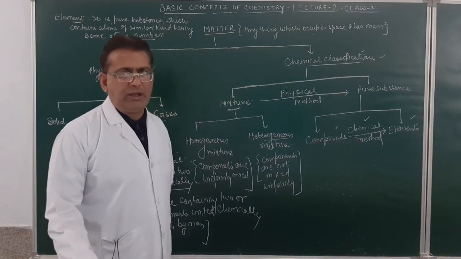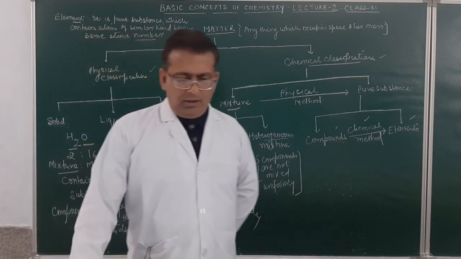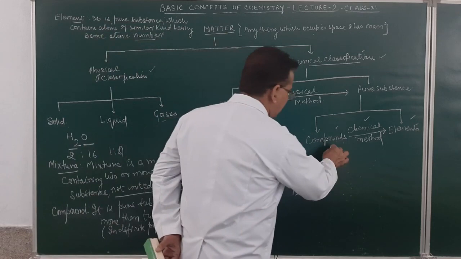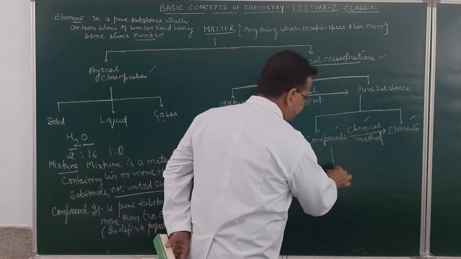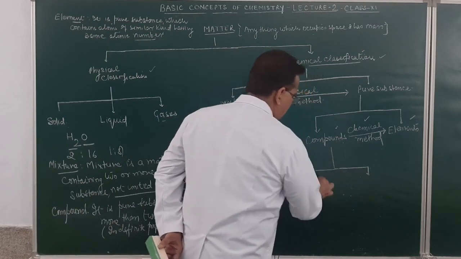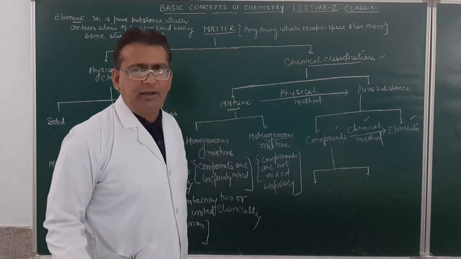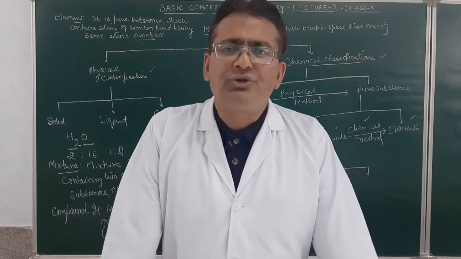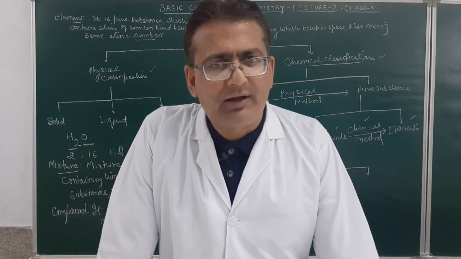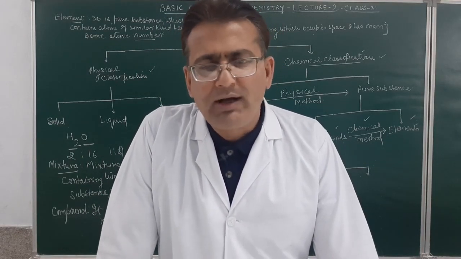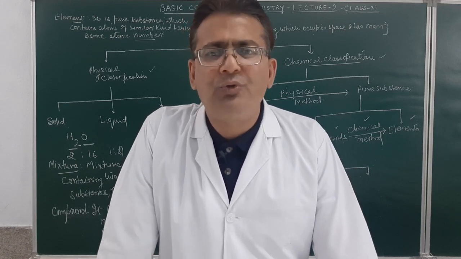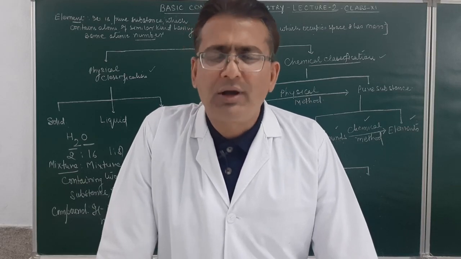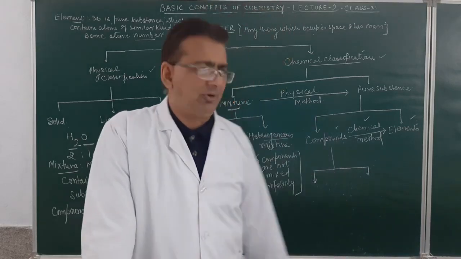Now see very, very carefully. If we talk about the compounds, compounds can be classified into two categories: inorganic compounds and organic compounds. These become the two parts of the discussion in classes 11th and 12th. I told you your syllabus is divided into 4 sections: physical and general chemistry, inorganic chemistry, organic chemistry, and analytical chemistry.